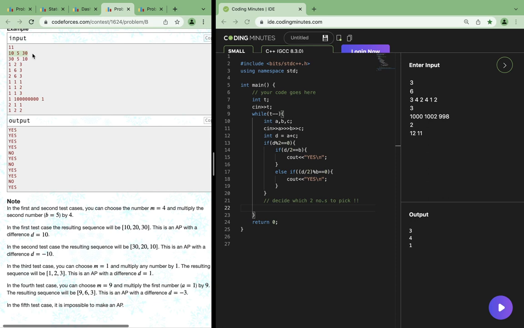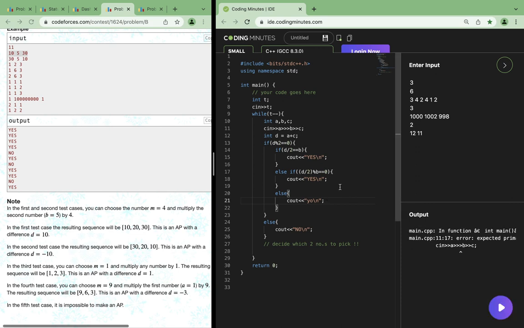So first test case. This is obviously wrong.